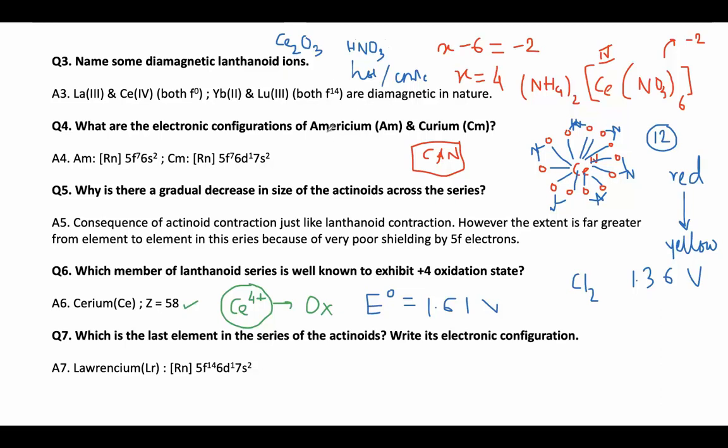Now, this CAN, or ceric ammonium nitrate, has a very crucial role in organic synthesis. It can be used to oxidize several functional groups, for example alcohols, ethers, phenols, and even some C-H bonds.